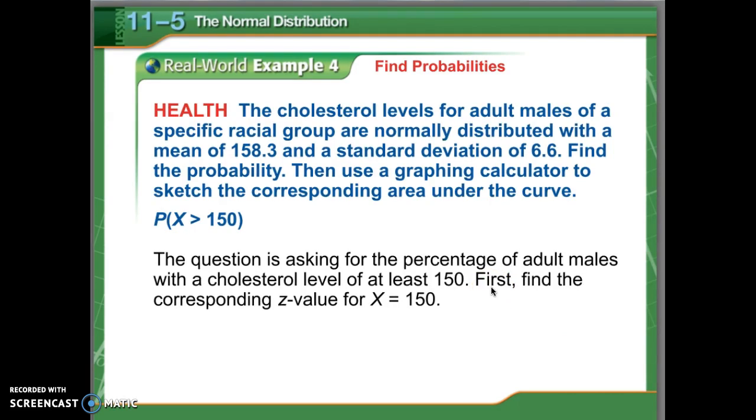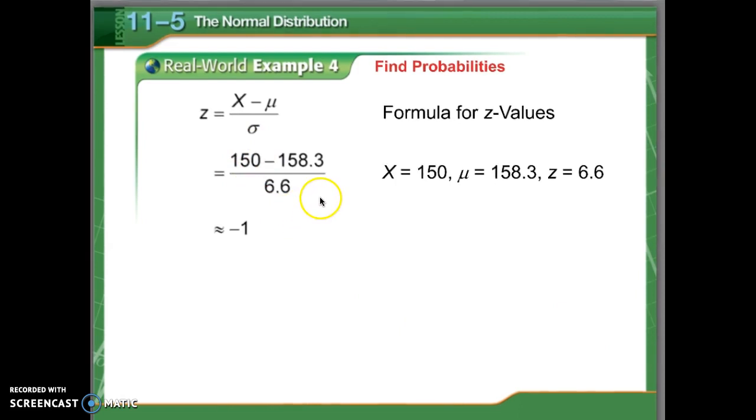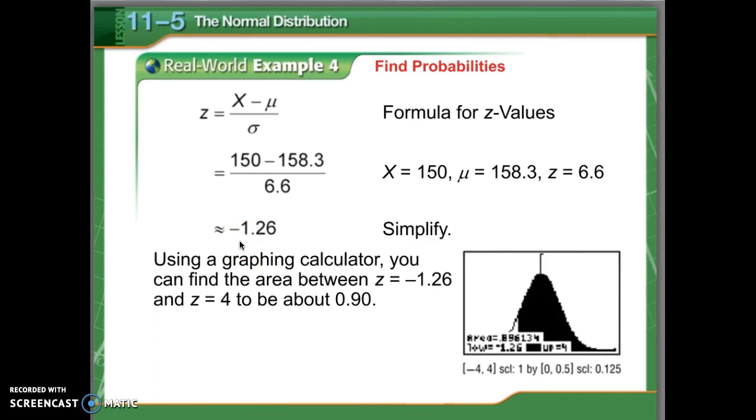So what we need to do first is find the z-score that corresponds to the value of 150. So we need to apply our z formula, which is x minus mu over sigma. We're going to plug in the values that we're given, and we end up with a z-score of negative 1.26.